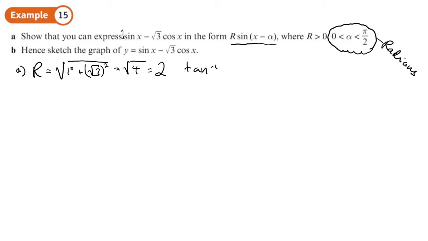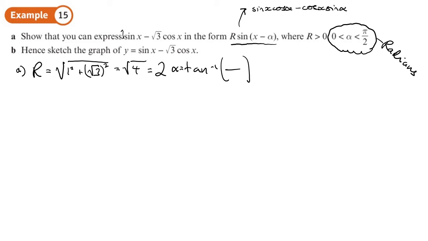Right, then we work out alpha. Alpha is going to be equal to the tan inverse of either 1 over root 3 or root 3 over 1. Which is it? Right, so what we do is we work out what the expansion of this is. Sin x cos alpha minus cos x sin alpha.